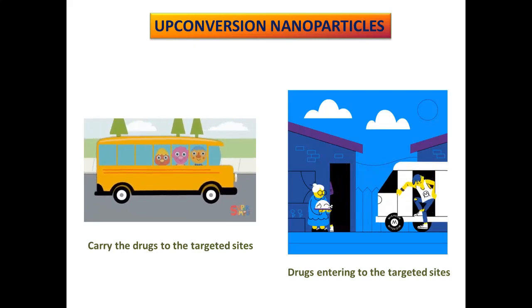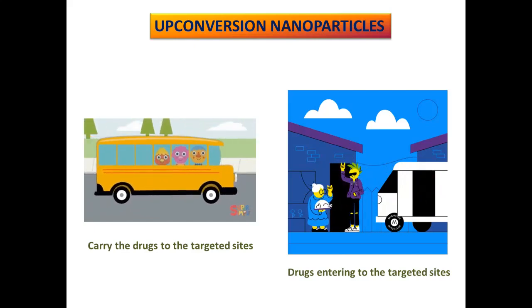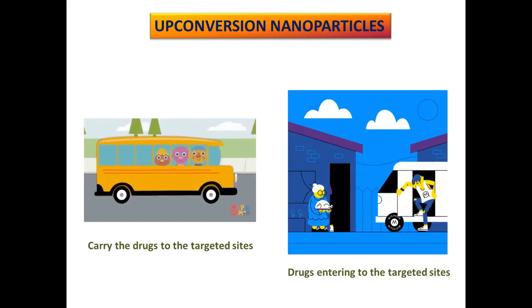So in this new generation of fluorophores, which is generally called upconversion nanoparticles, we can use any type of nanoparticles like gold nanoparticles, silver nanoparticles, iron oxide nanoparticles, but these upconversion nanoparticles are recently mostly used because they have the ability to convert infrared radiation with lower energy to visible radiation with higher energy via a non-linear optical process.